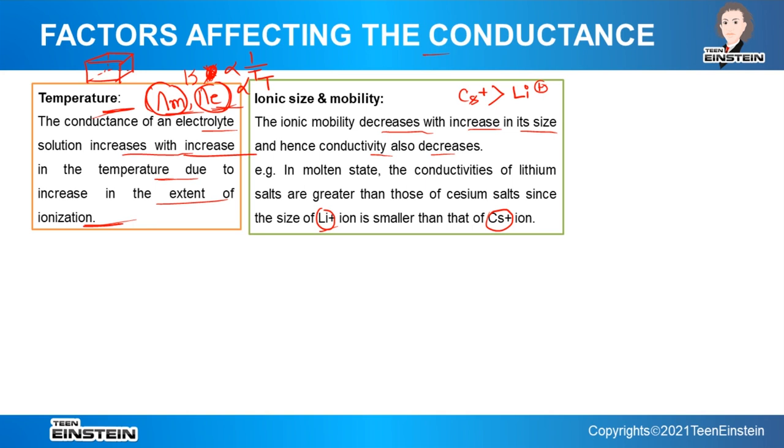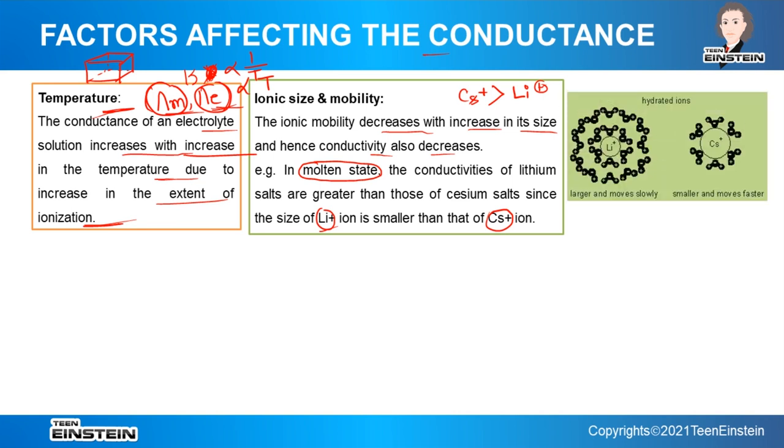Now remember this is in molten state, which means there is no sign of water. But if it is an aqueous solution, the case is completely different. As lithium plus is very small and its solvation power is very high, it will be highly solvated by water molecules.